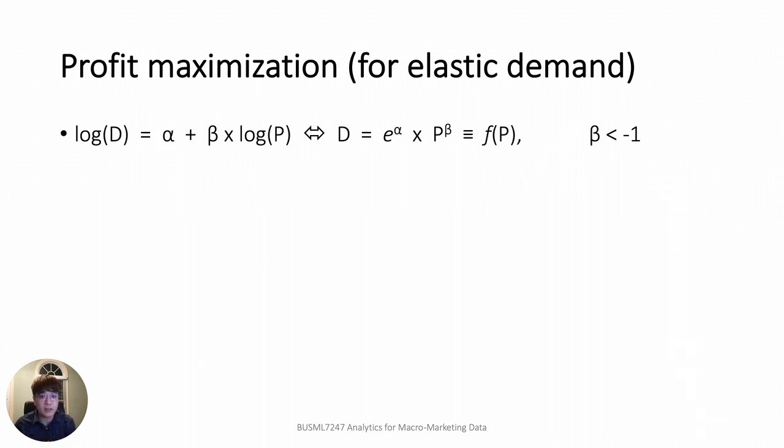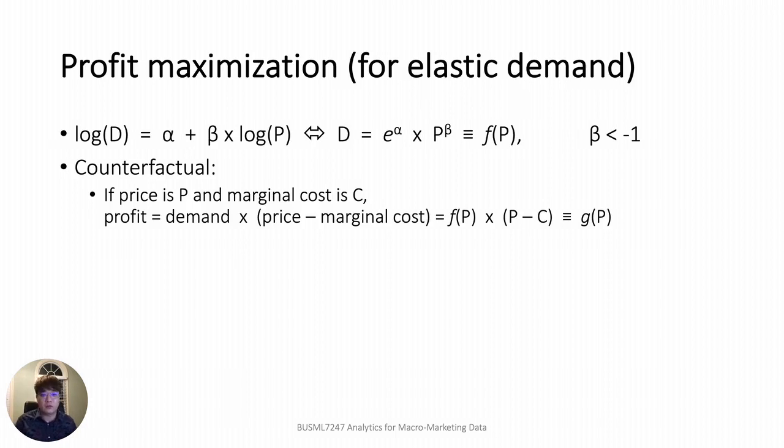That is, the demand is given by a mathematical formula with respect to price. For simplicity, let f of p denote this demand function. Here, the symbol with 3 lines is the definition symbol, meaning that f of p is defined as the formula. Because we are investigating the demand and profit for the elastic demand case, beta is presumed to be less than -1.